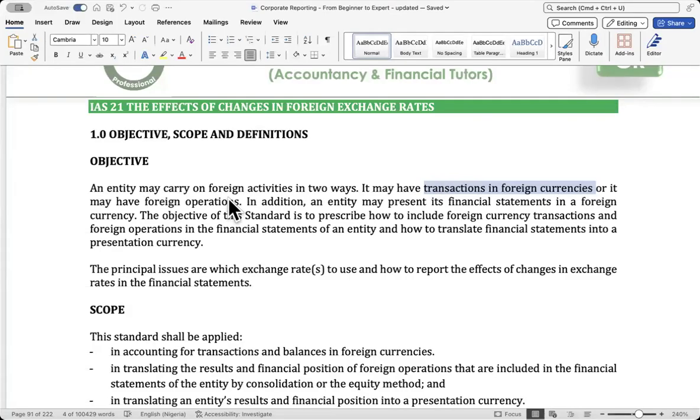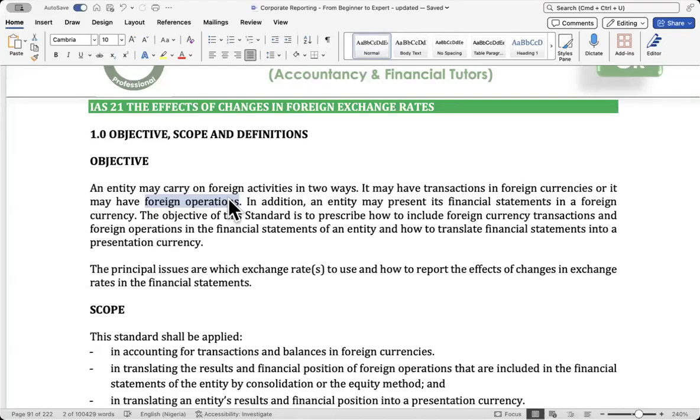A foreign operation is like a subsidiary, a branch, a partner, a segment that is located in another country. So those are the 2 ways in which foreign activities can be carried out, either having a transaction in foreign currency or having a foreign operation.